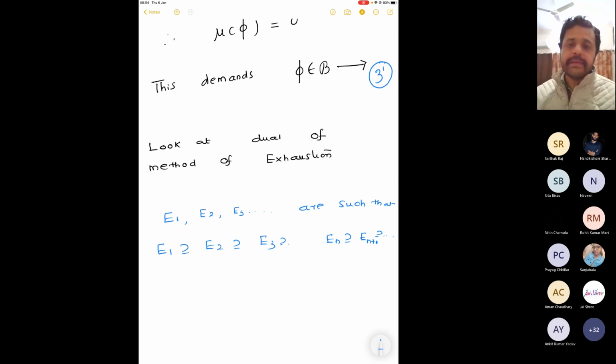Okay. What will be the limit? Compare it with the real number. Lower bound, right? Lower bound or greatest lower bound to be precise. And the lower bound of all these things will be the intersection, the set which is there in all these things.